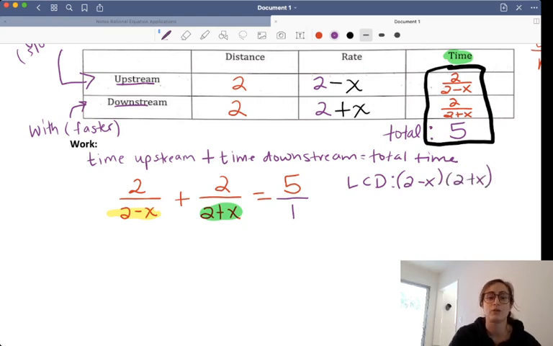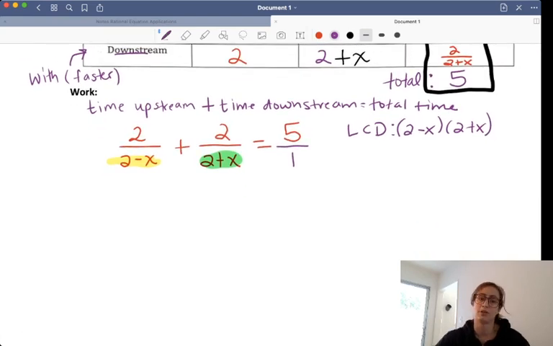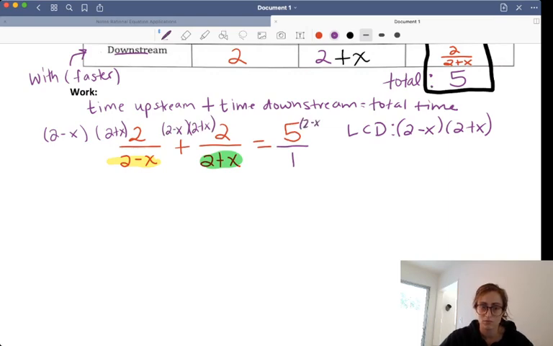Now I'm going to take every single term and multiply it by my least common denominator, every single one by 2 minus x times 2 plus x.